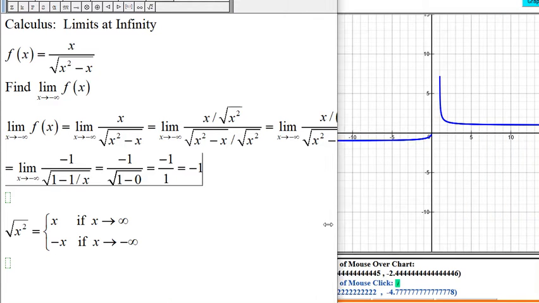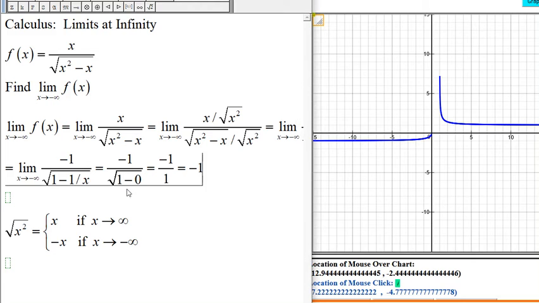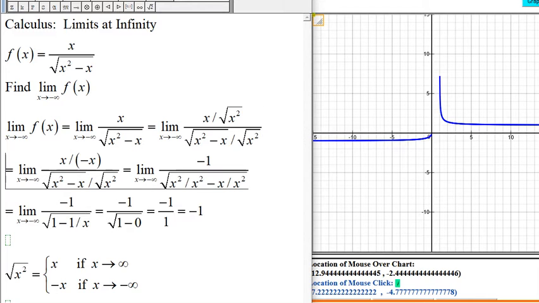And now look back at the graph, and we will see why this is crucial. If we put x right here in the place of the square root of x squared, then x divided by x is 1, and we will end up with the limit of 1 instead of -1.